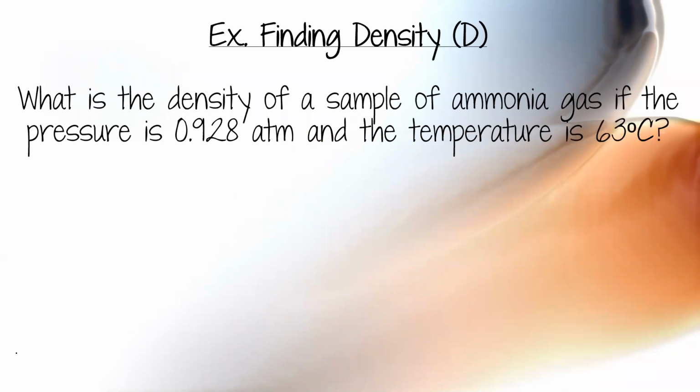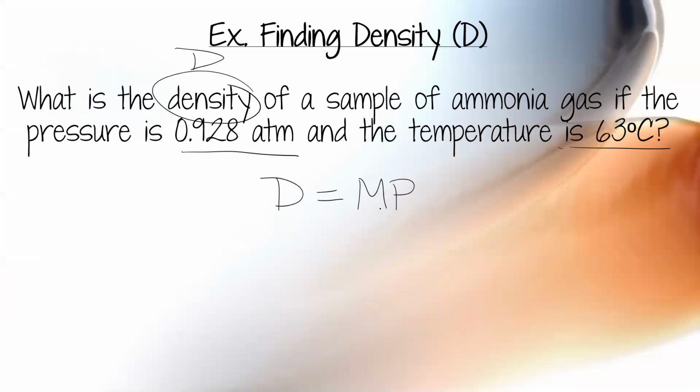Okay, so what is the density D of a sample of ammonia gas if the pressure is 0.928 atms and the temperature is 63 degrees Celsius? So I'm going to be using D equals MP over RT. So I'm finding D. Capital M is molar mass.